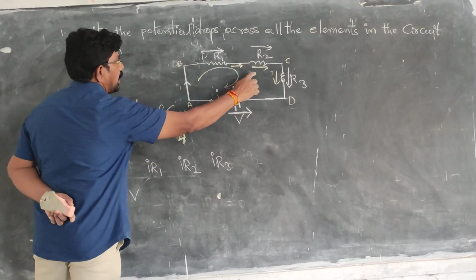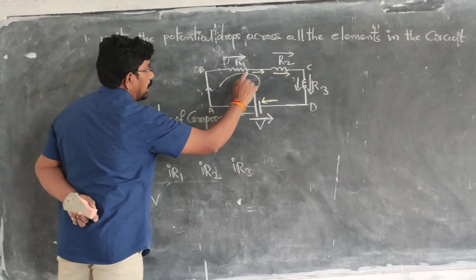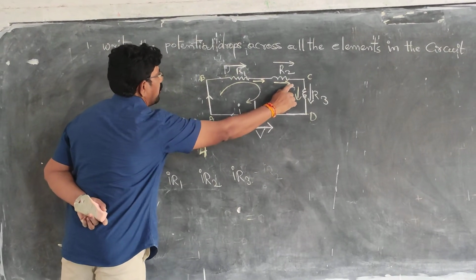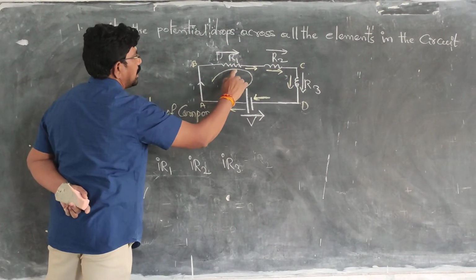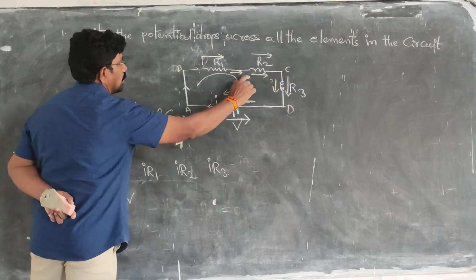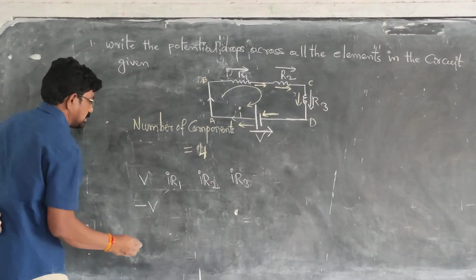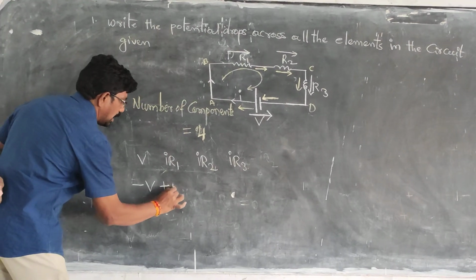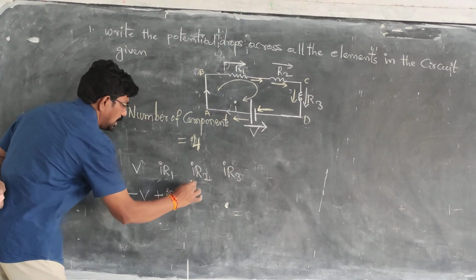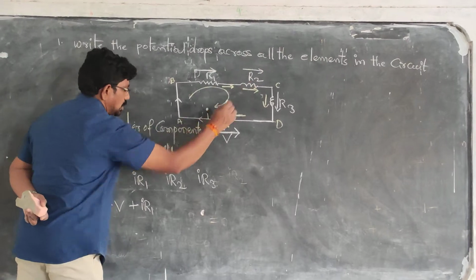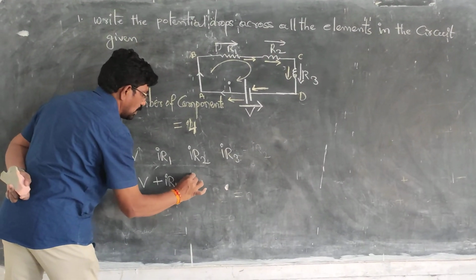Here, this is the direction I assumed within the loop. The current is moving like this and the assumed direction is also along the same way. Both are in the same direction. So this is plus IR1. Next, this is also the same direction.